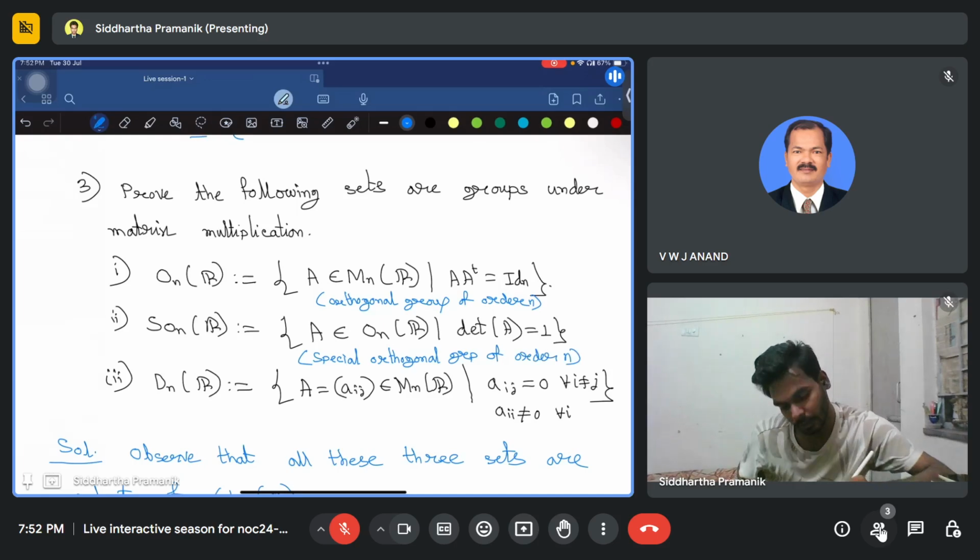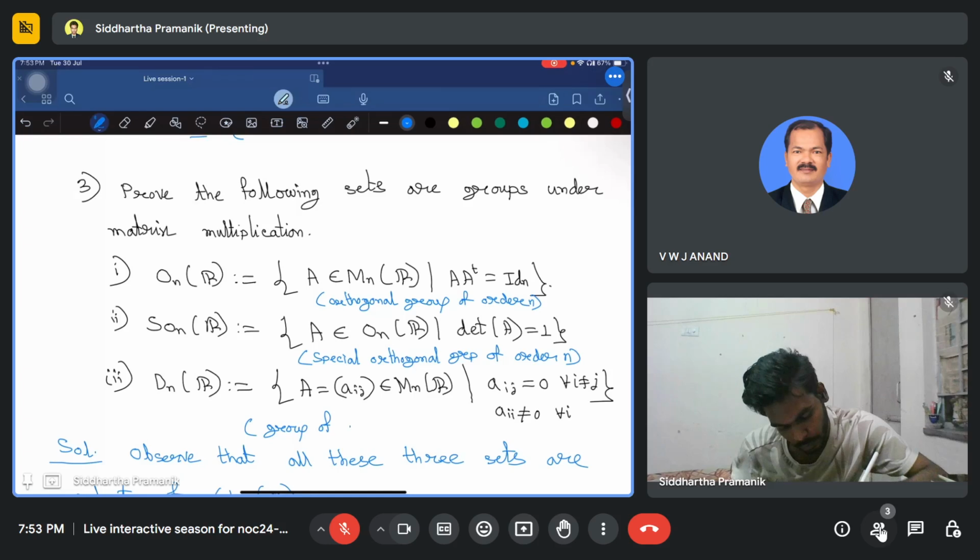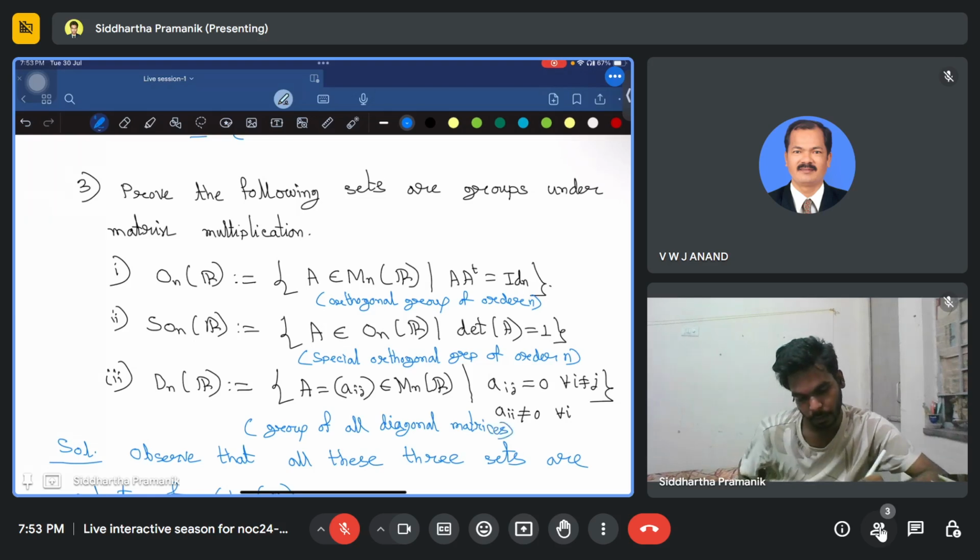And the third one is the group of all diagonal matrices. I'm sorry if I have messed up, but I hope it is understandable.